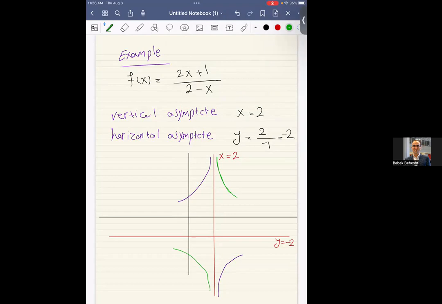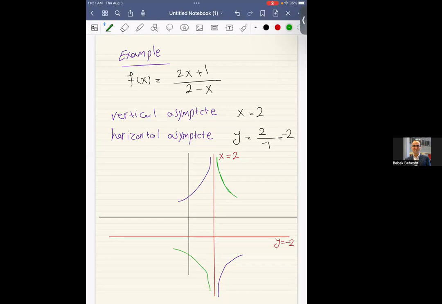Purple. Why? If x is greater than 2, for example, say 2.1 or 2.5, then what is f of x? For f of x, on the top you have something like 5 divided by a negative number. So if x is a little bit greater than 2, y would be negative.